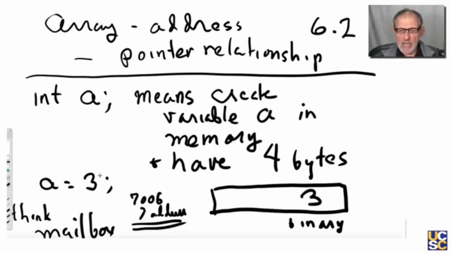And in the mailboxes there are specific kinds of values: integers, long integers, doubles, chars. That's what we're going to store. We have a mailbox, it has an address, that's a number, and then inside there's something which is represented as a binary set of digits and interpreted as a particular data type.